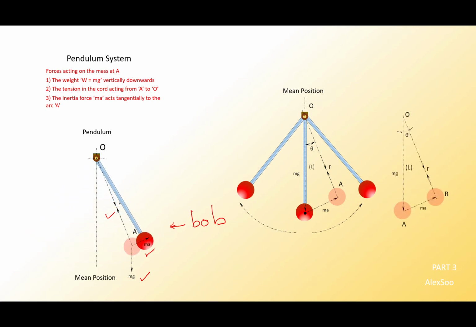Based on the right angle triangle that I've drawn, OAB, sine theta, that means the angle theta, the angular displacement of the rod, is equal to AB, the opposite, over OA, the hypotenuse.